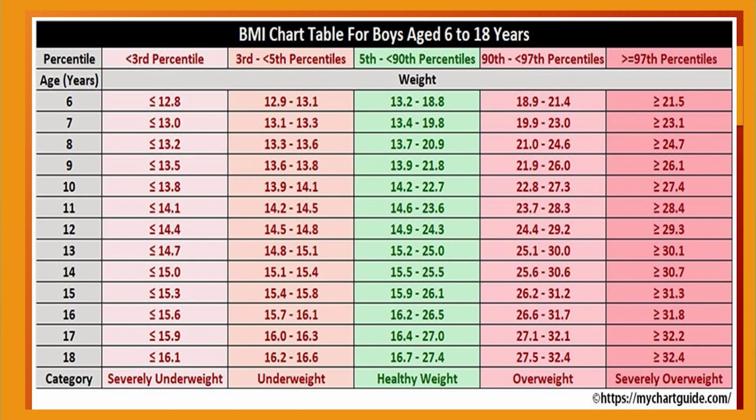When it lies between 16.2 and 16.6, it is underweight, whereas healthy is 16.7 to 27.4. When it goes beyond 27.4 and is less than 32.5, it is overweight, but when it crosses the limit of 32.5, it is severely overweight, or obese, for this particular adolescent.